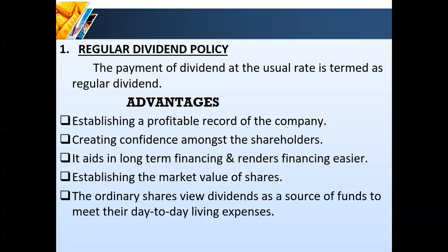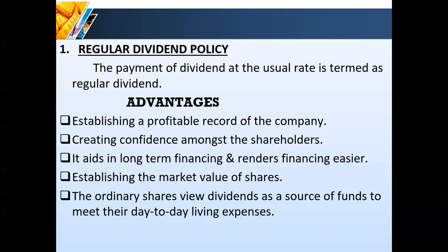The first one is regular dividend policy. A company having steady income may always prefer this category of dividend policy, that is, a regular dividend policy. It means payment of dividend on a regular basis. Even if the rate of dividend is low, they always declare some percentage of profits to the shareholders every year.